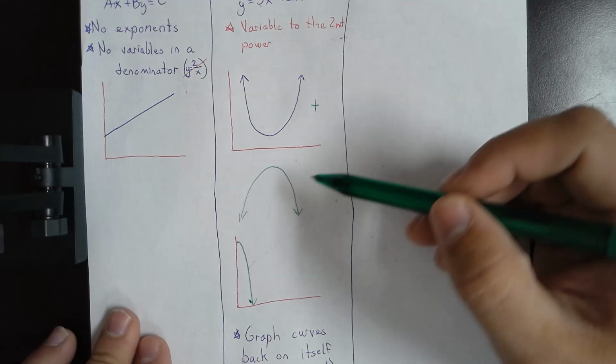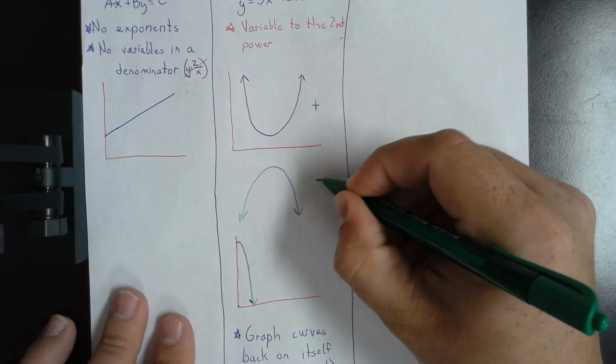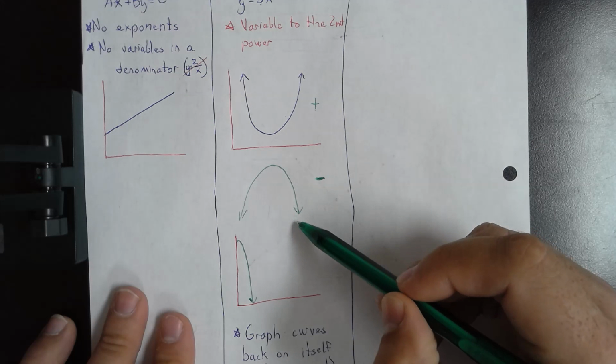Your negative quadratic equation is going to open down, be N-shaped. Okay, you're kind of like a hill.